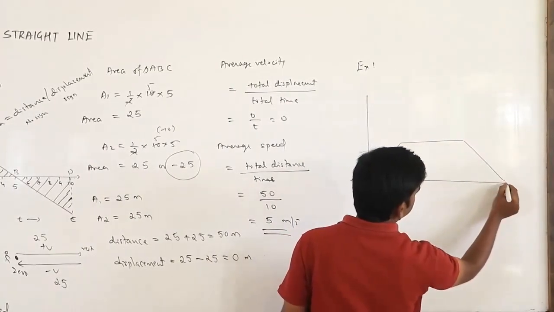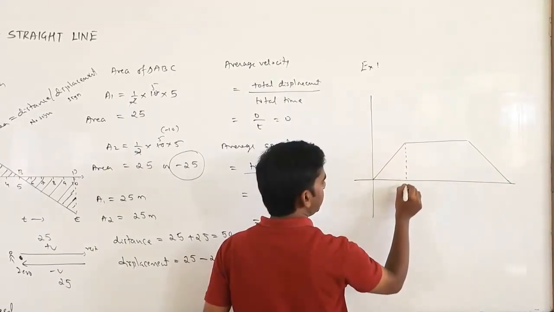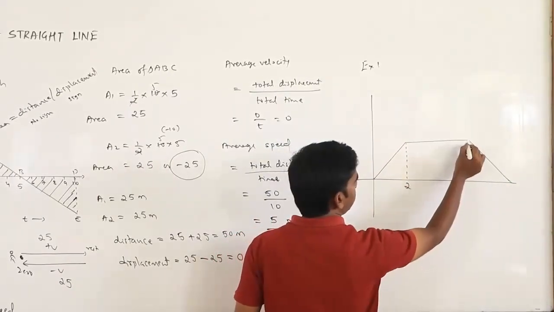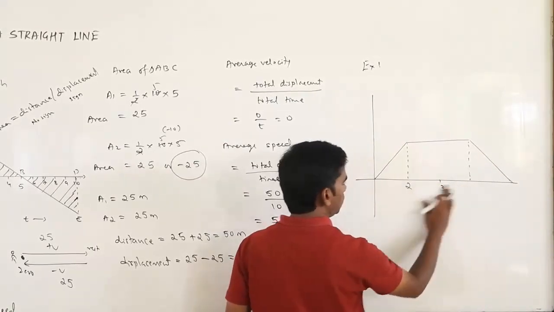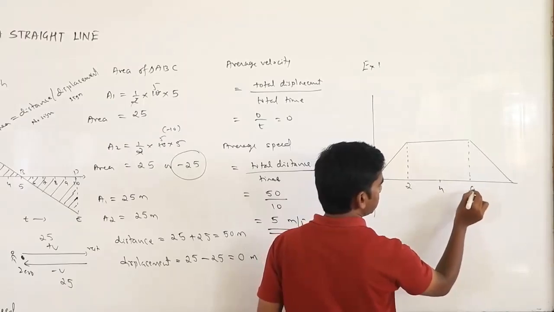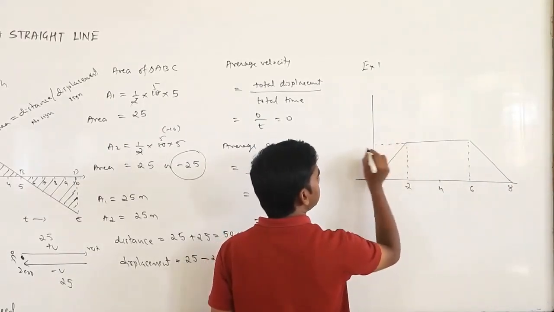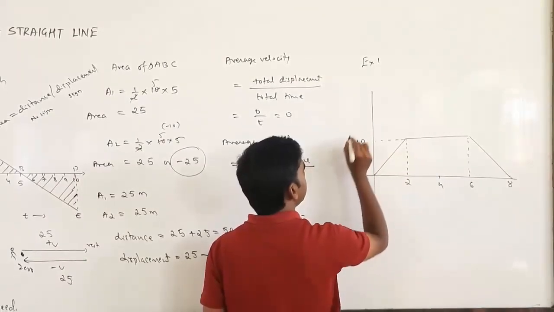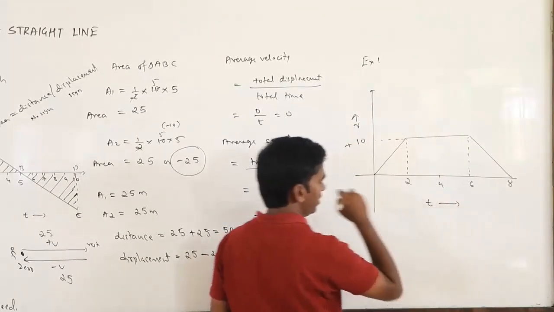Here you can take 2, 3, so 2, 4, 6, 8, and here 10. Here velocity is there, and here time is there.